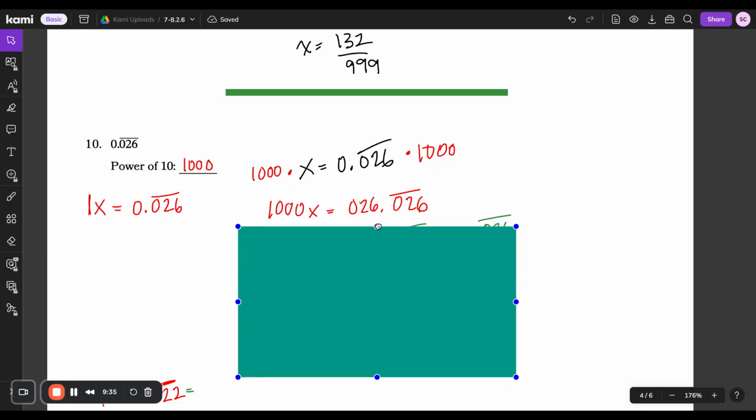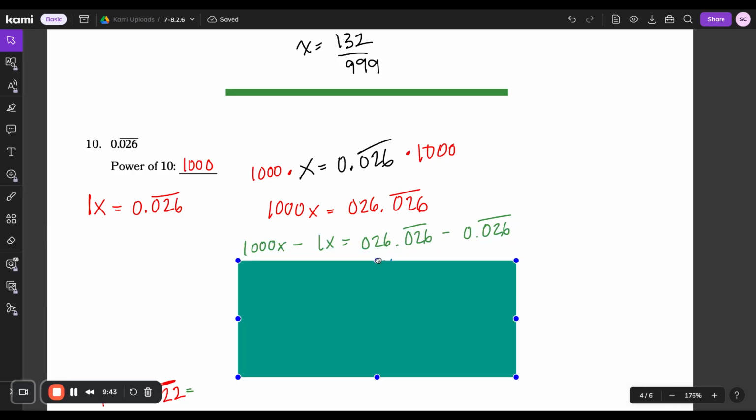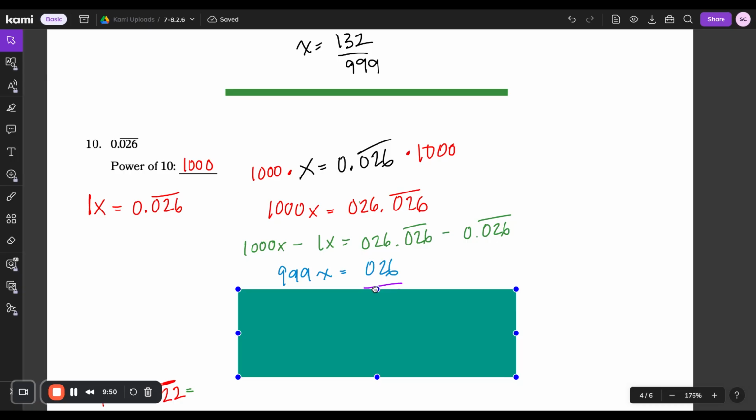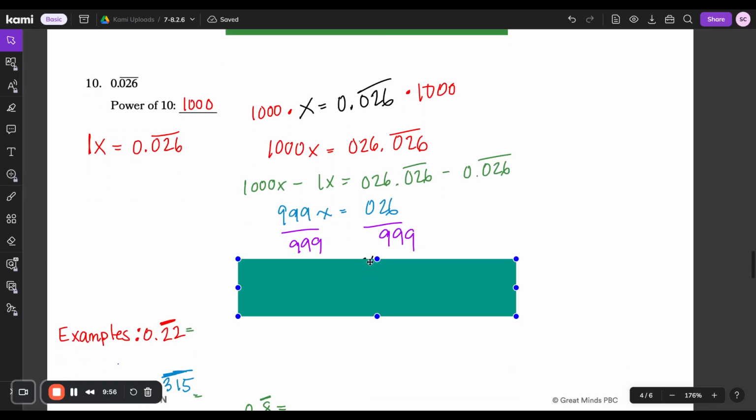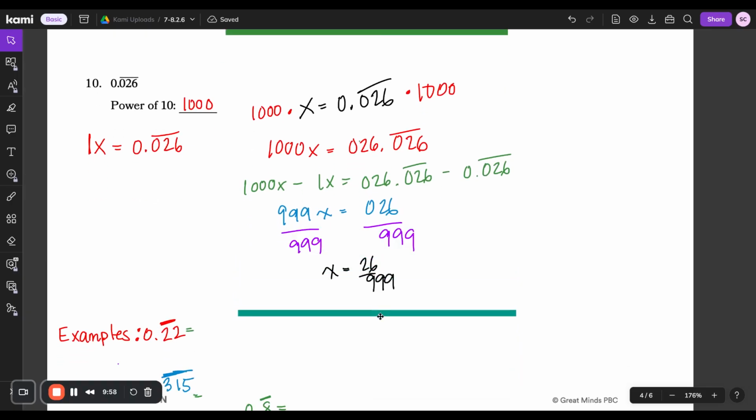This is what it looks like when we have shifted everything to the left by 3 decimal places. And we are going to subtract by 1x from both sides. When we subtract by 1x on both sides, we are left with 999x is equal to 26. Dividing by 999 on both sides, we are then left with 26 over 999.